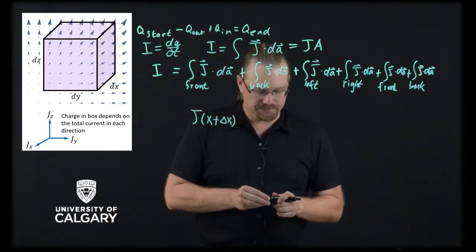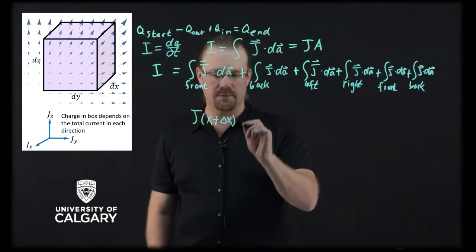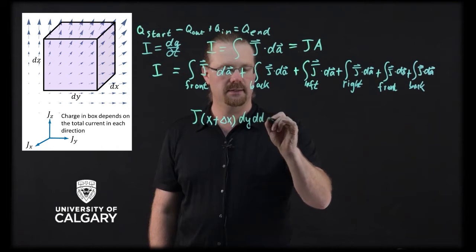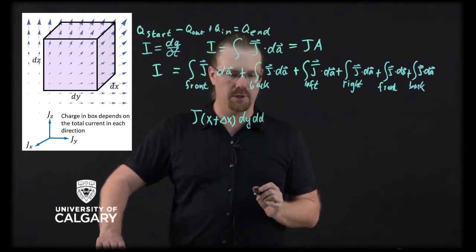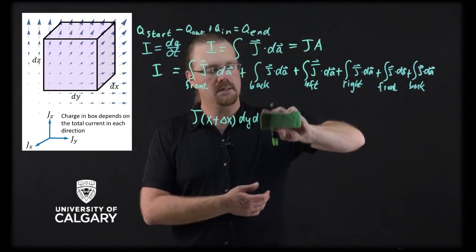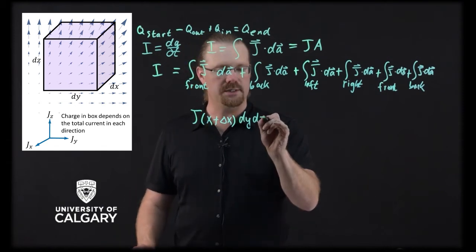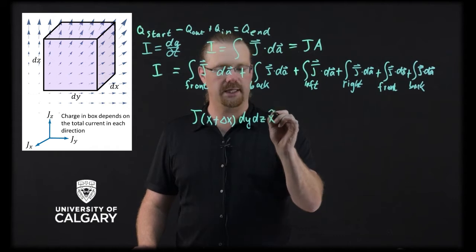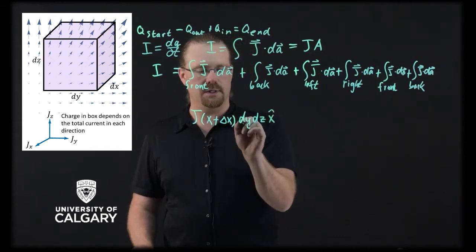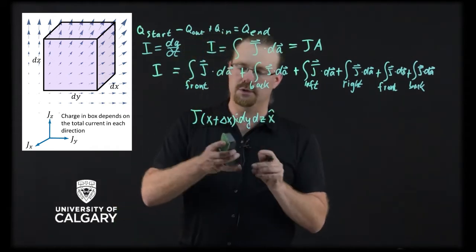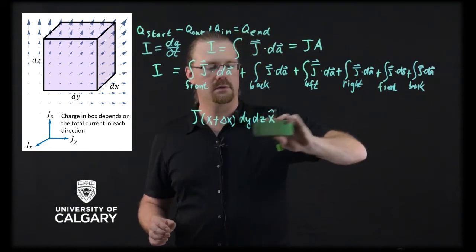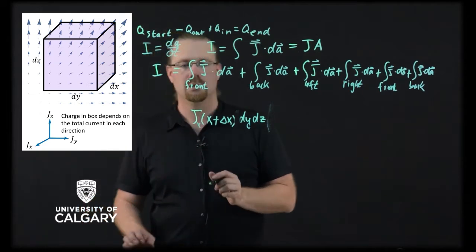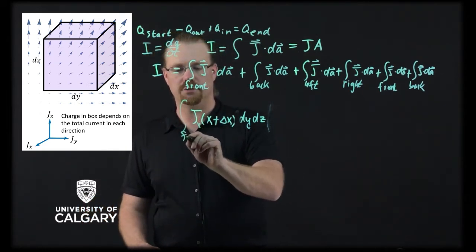And then this is going to be the integral of dy dz, and of course there's an x hat here, so this just becomes the x component. So this is the integral on the front.